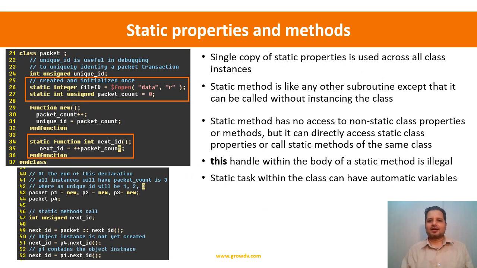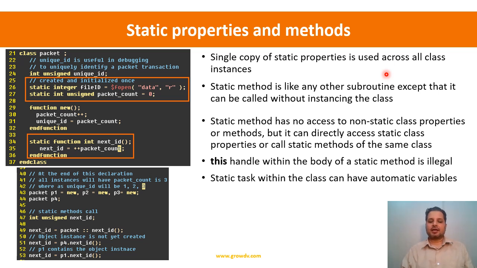Let's look at static properties and methods that can be put in the class. There are two key concepts that you need to remember with respect to static properties and methods. When you declare any property within the class as static, the same property gets used across all instances of the class. This is the important point.